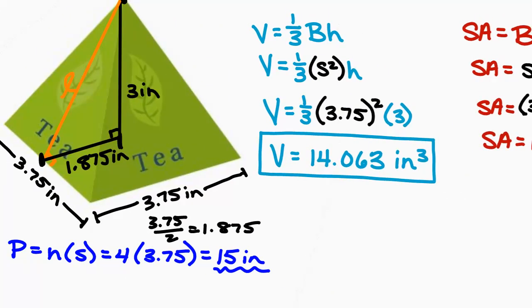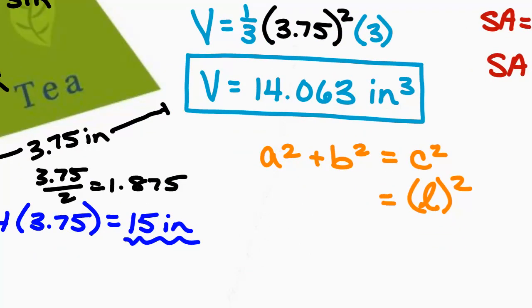We can do Pythagorean theorem. A squared plus b squared equals c squared. My slant height would be the hypotenuse because it is opposite that right angle. So in the place for A and B, what are we going to put? 3 and 1.875. Yes. Put 3 in for either A or B and 1.875 in for the other one. And now I need to type these things into my calculator.